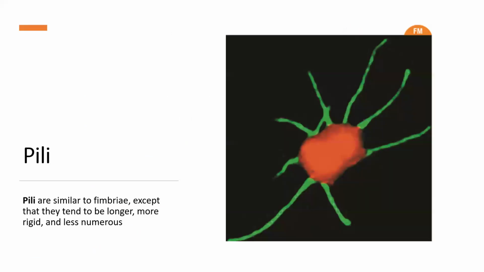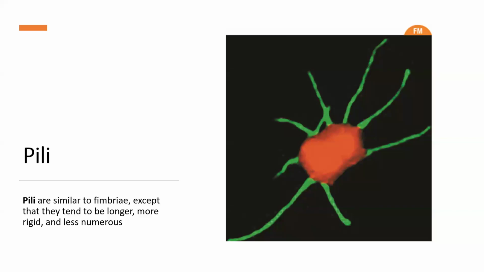And we have pili, which are similar or maybe exactly the same thing as fimbriae. Some people make the argument that they're longer and more rigid and less numerous, but the reality is that the proteins that are used to make fimbriae often have homologs that are used to make pili, so they just seem like variations on the same sort of structure.